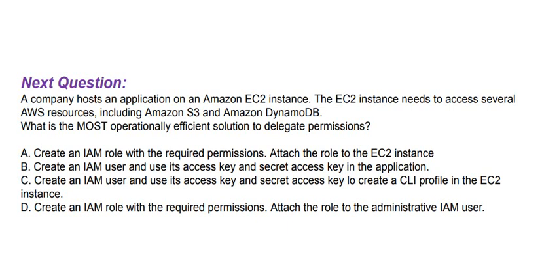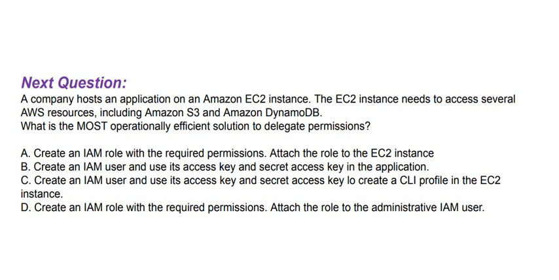The EC2 instance needs to access several AWS resources including Amazon DynamoDB. Option A, create an IAM role with required permissions. Attach the role to the EC2 instance. Option B, create an IAM user and use its access key and secret access key in the application.